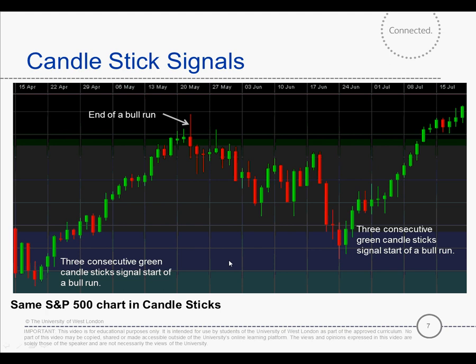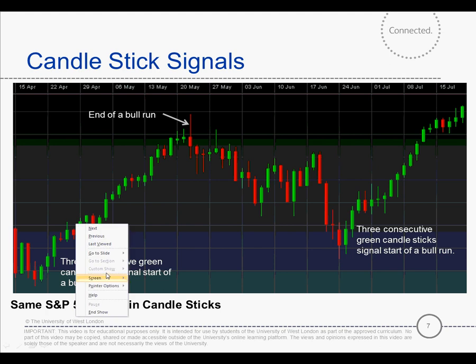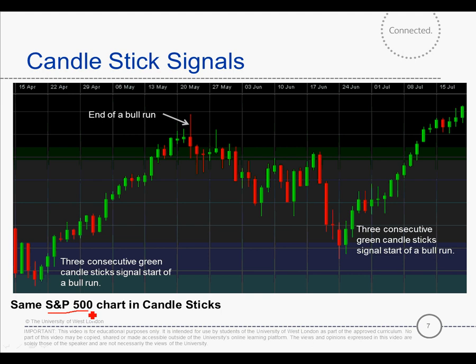Now, this is the same S&P 500 index, which I have focused on for the month of April to July. So it's a narrower focus of that S&P 500.